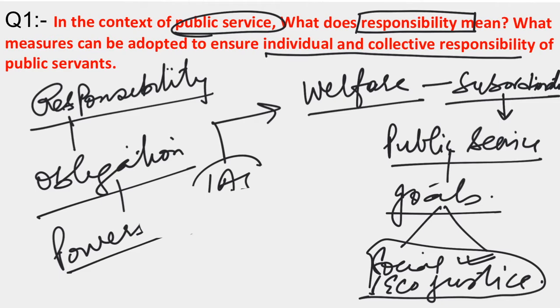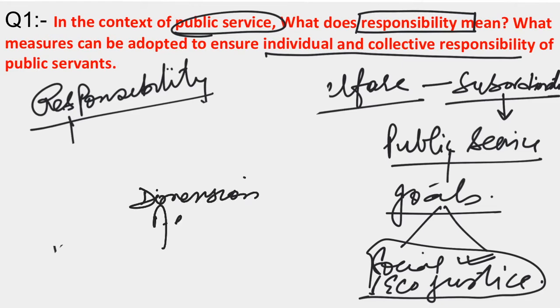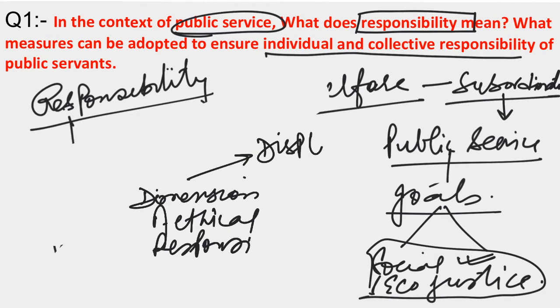Okay, so after that, you can also make one table and highlight the dimensions of ethical responsibility. Here you can say the very first dimension is that you will have to display empathy and compassion.